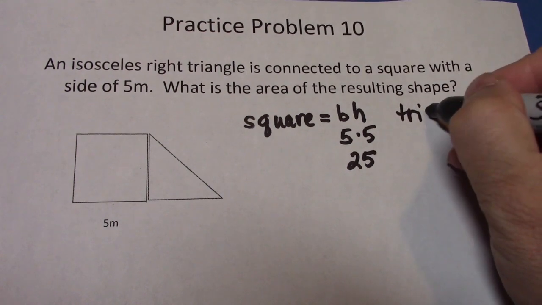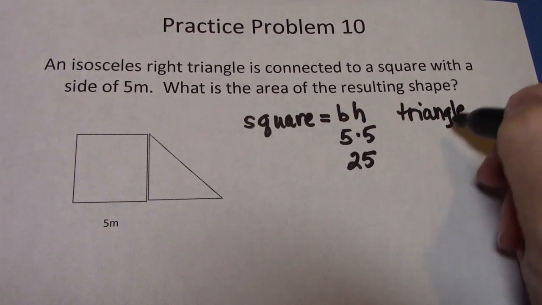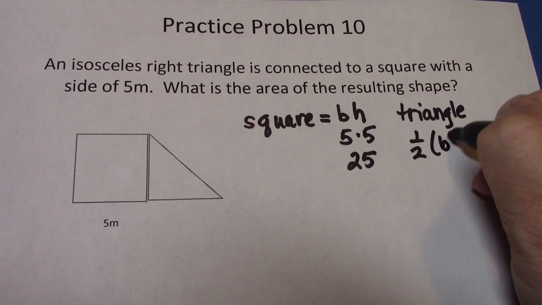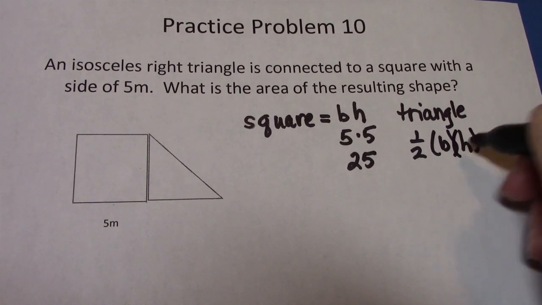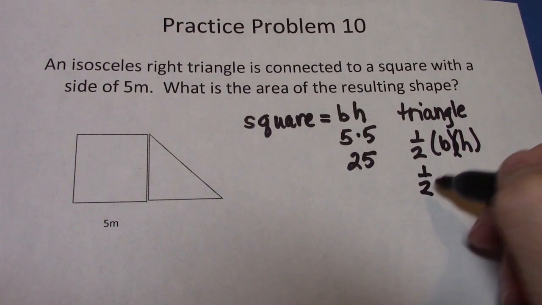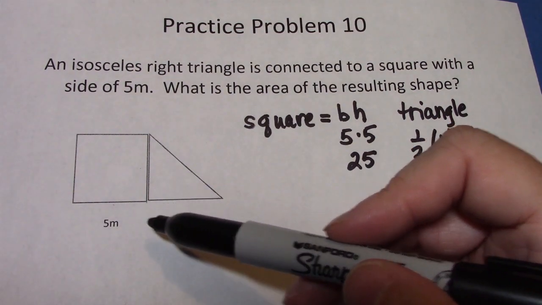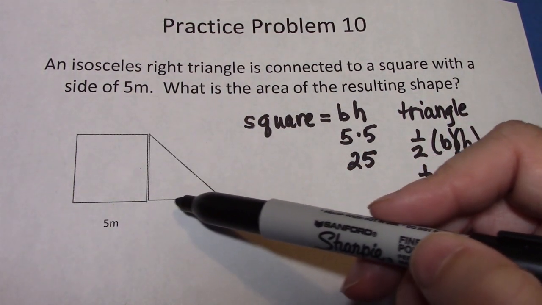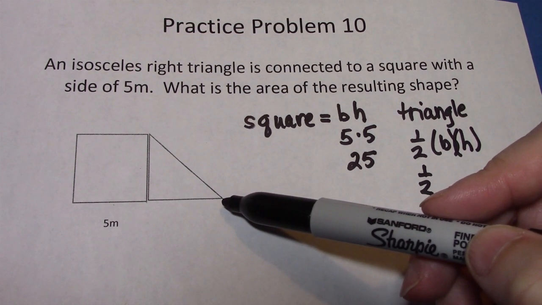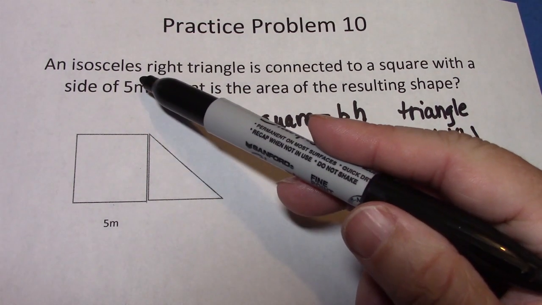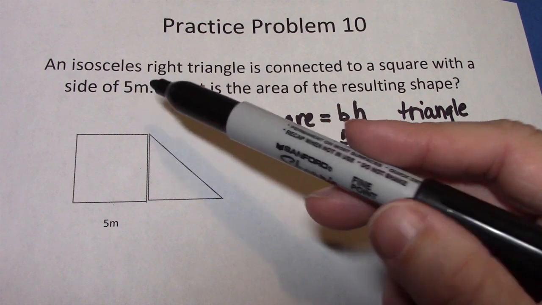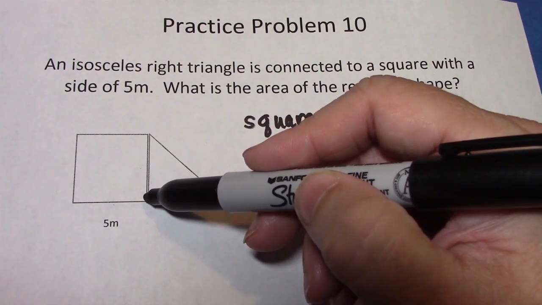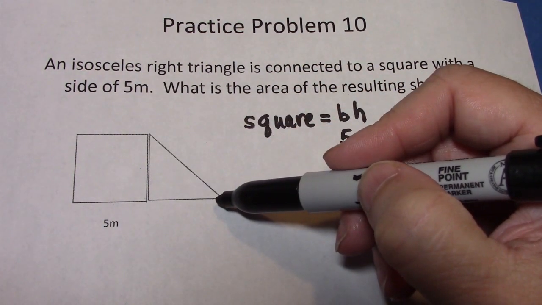The triangle part is 1/2 its base times height. Its base, well, we don't know too much about it from the description, but we are told that this is an isosceles right triangle. That must mean that this side and this side are the same.